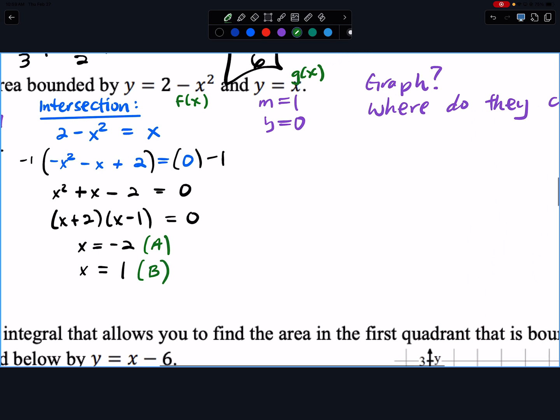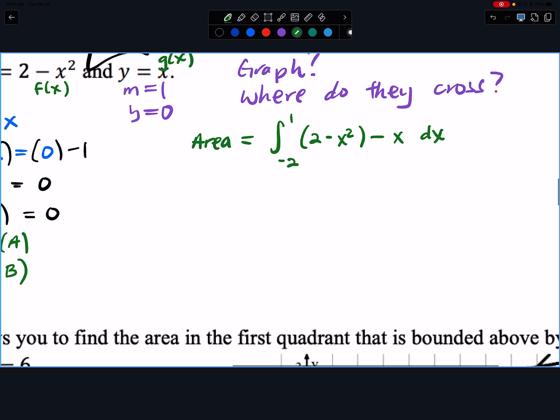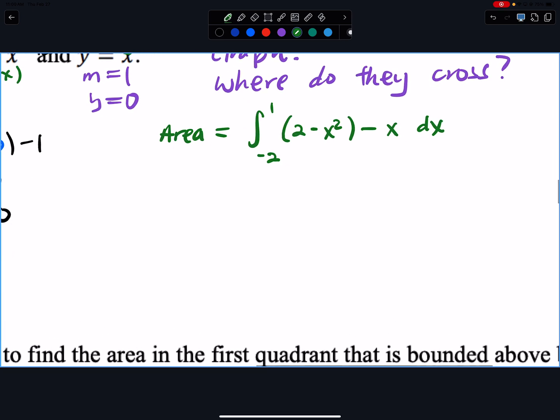Okay? All right, so that means our area is going to be the integral from -2 to 1 of f of x minus g of x dx. Okay?